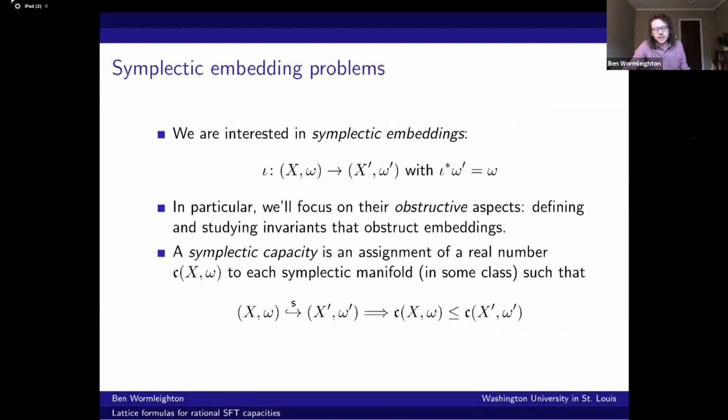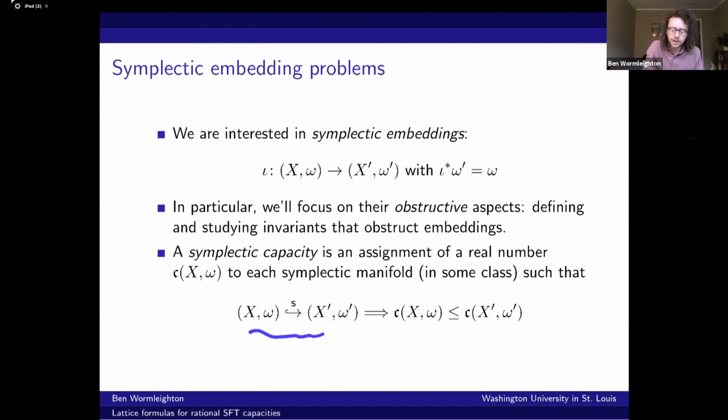So we're interested in symplectic embeddings, that is smooth embeddings preserving the symplectic form. And in this talk, I've already said the word capacities, so I'm going to be focusing mostly on their obstructive aspects. So we're going to define and study invariants which obstruct embeddings. And the definition, which I'm sure much of the audience is familiar with, is a symplectic capacity is an assignment of some real number, I'll often use mathfrak letters in this talk, to each symplectic manifold in some class, such that they obstruct embeddings.